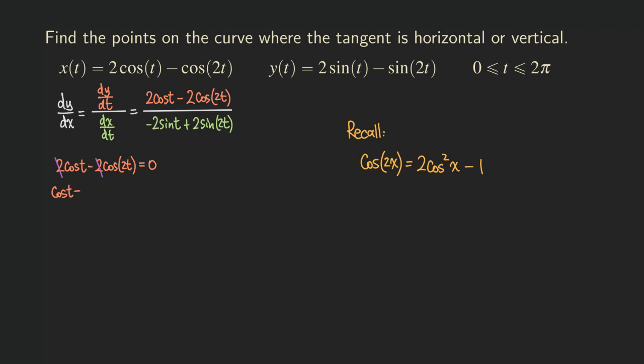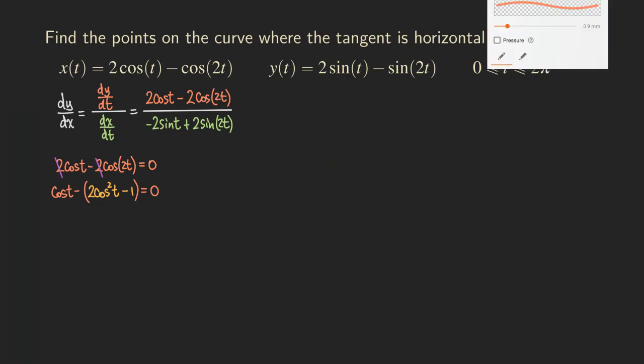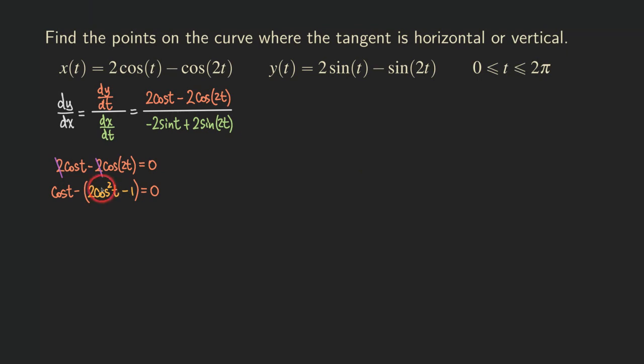So we are getting cosine of t minus, now we need to put parentheses because there is a minus sign in front of this cosine of 2t, and then we are substituting 2 cosine square of t minus 1, and that's equal to 0. Now we do not need the double angle formula anymore, so I'm going to erase it. And then let's focus on solving this equation.